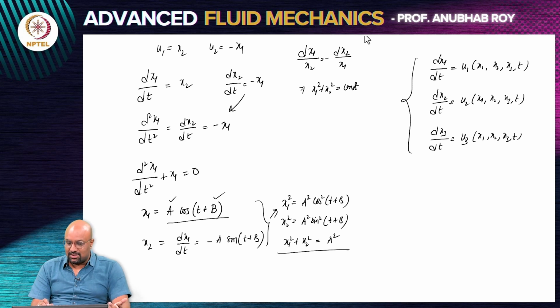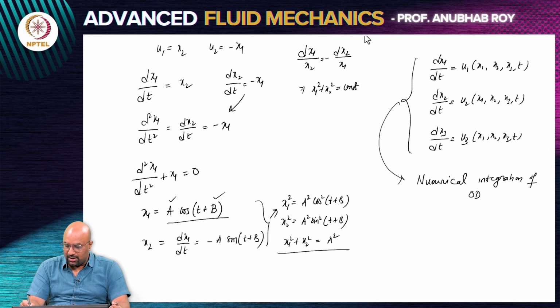So, a general velocity field will not be a linear function of spatial coordinate, and may not always be steady, in which case the solution has to be a numerical solution. So, you will have to do a numerical integration of the ODEs, and by numerically integrating you will find what the path line is, which is typically what you do.